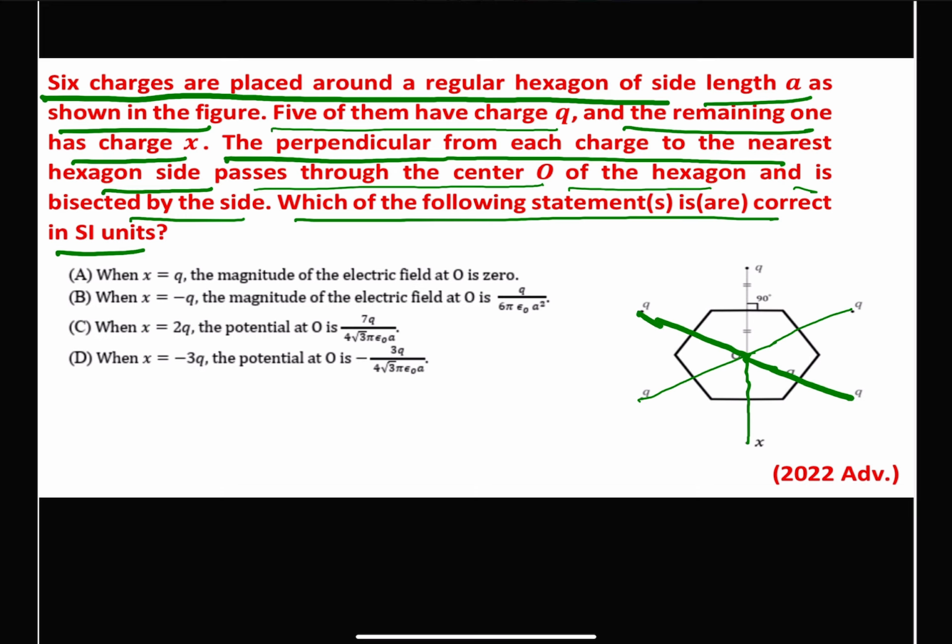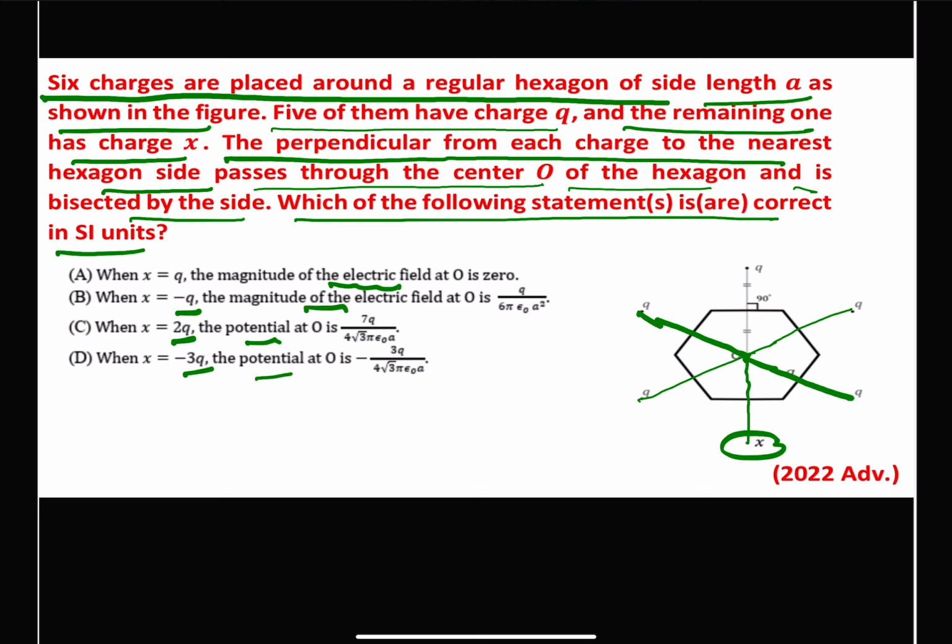We have to find out, if we place different values of charge at x, q, minus q, plus 2q and minus 3q, how the magnitude of electric field as well as potential is going to change.